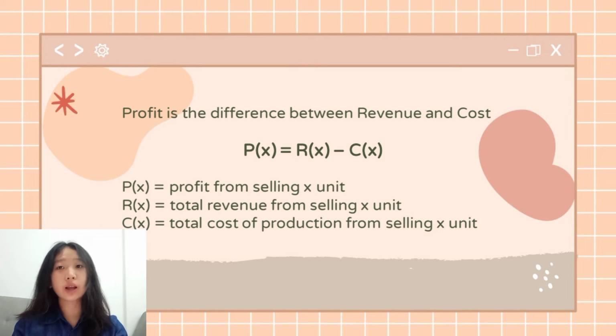If x units are produced and sold, then we can write the function P(x), which is the profit from sale of x units, equals R(x), which is the total revenue from sales of x units, minus C(x), which is called the total cost of production and sales of x units.